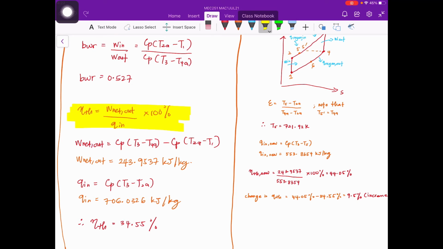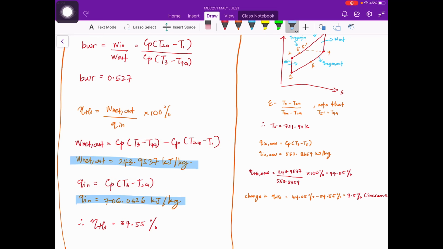Since this question requires us to determine the thermal efficiency in terms of percentage, thus please times the thermal efficiency with 100%. With respect to the steady flow energy equation and the method to determine the properties for the ideal gases, the net work output and the heat transfer in is given by this expression.